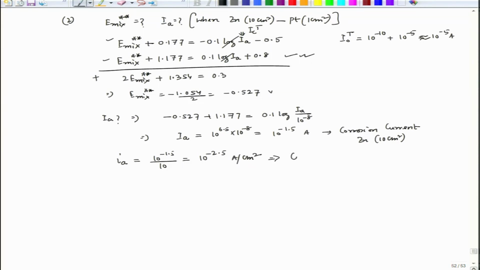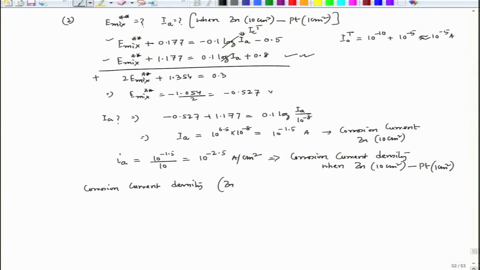This is the corrosion current density when 10 centimeter square zinc is connected to platinum 1 centimeter square. Now, let us get back to the corrosion current density when zinc 1 centimeter square is connected to platinum 1 centimeter square.